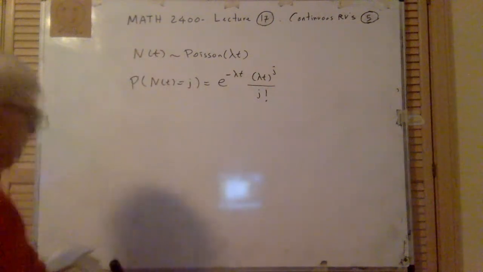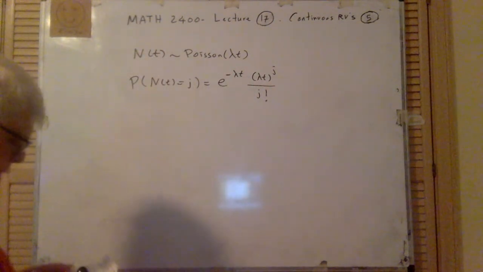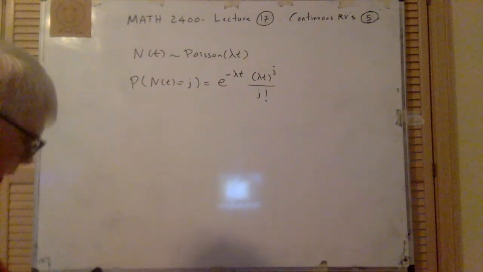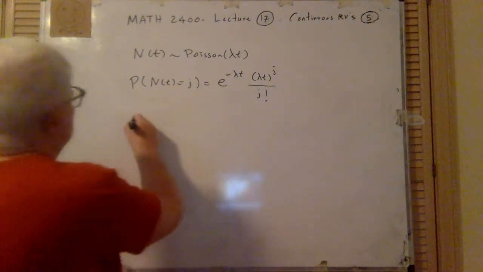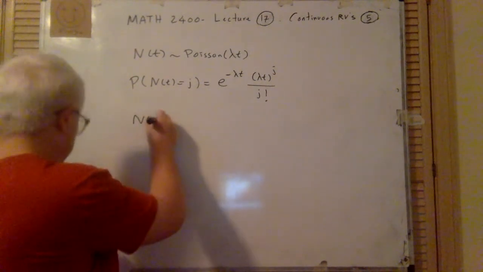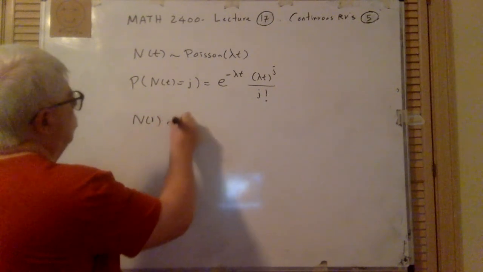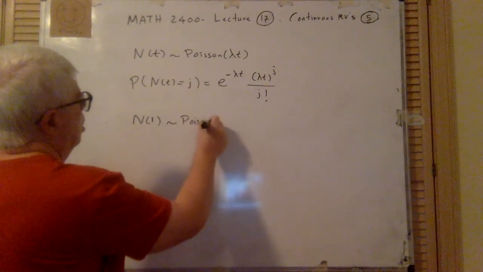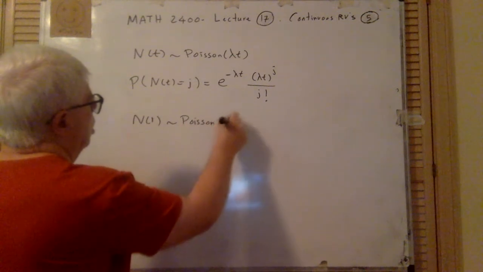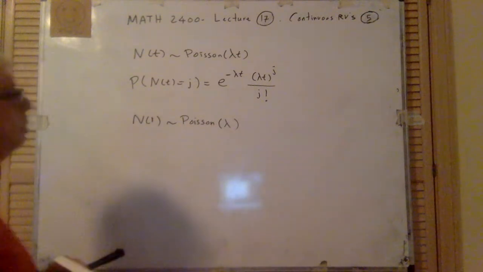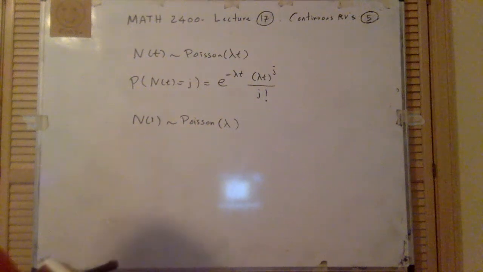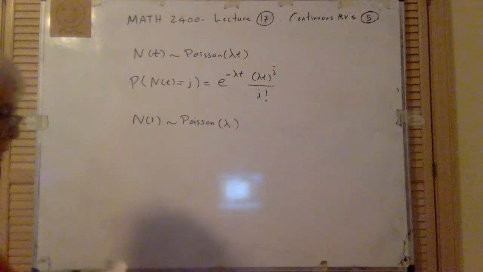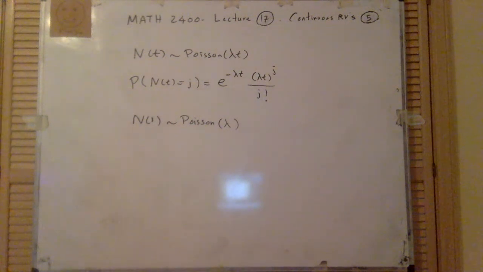And N(1), if I'm dealing with just one unit of time, depending on the unit I have defined, is Poisson of lambda.